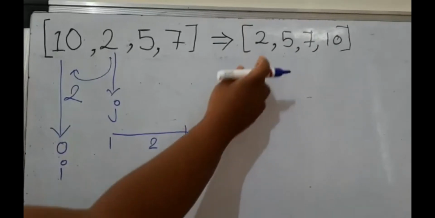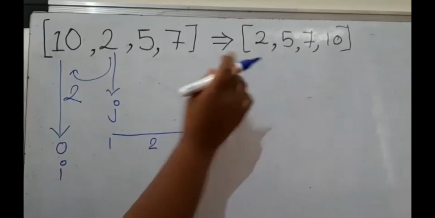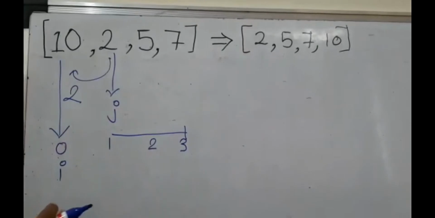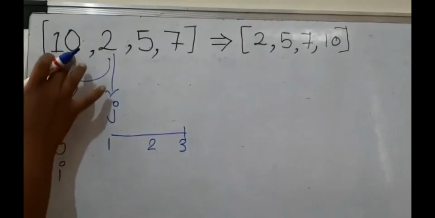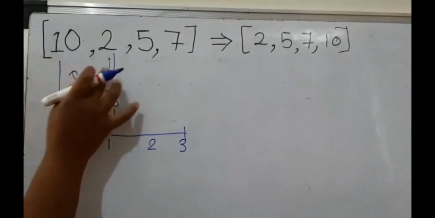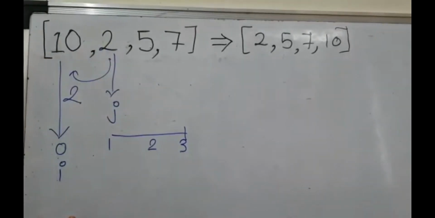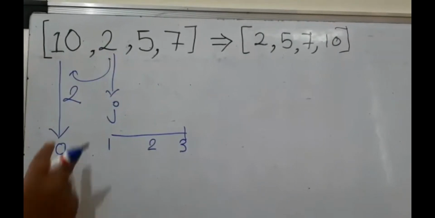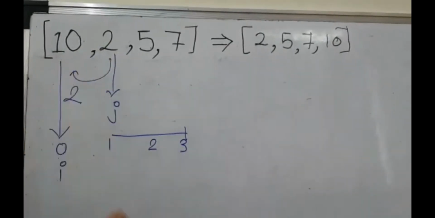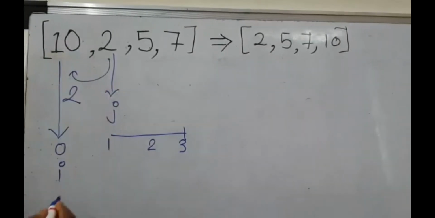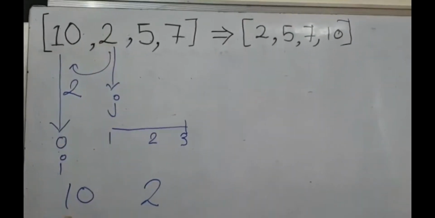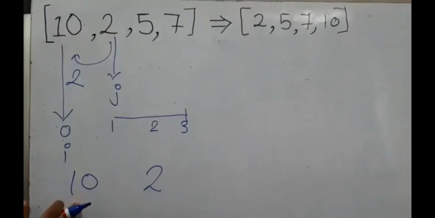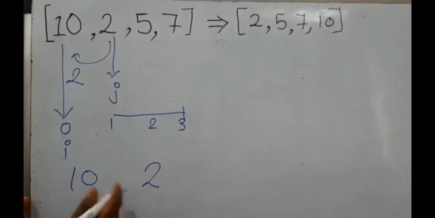For having the smallest number at the first position, we have to check whether the first number, that is the i pointer, is greater than the second position. Then we have to swap that value. Let's take the example: i contains the value 10 and j contains the value 2. We check whether the first number is greater than the second.